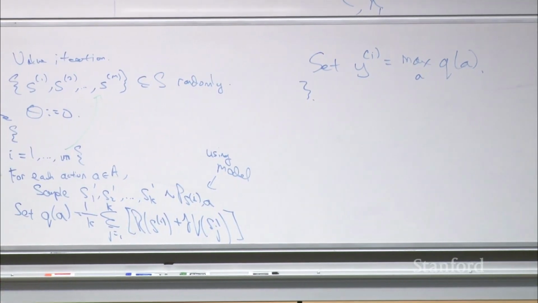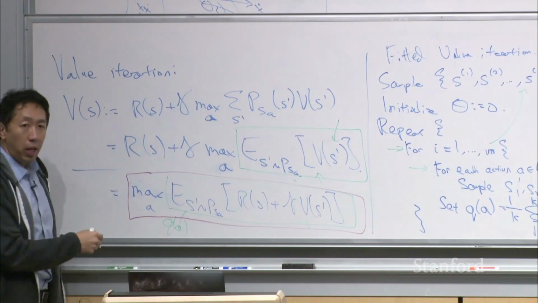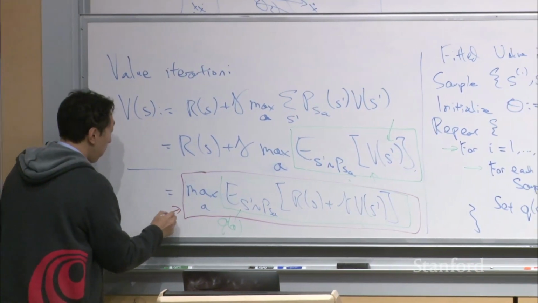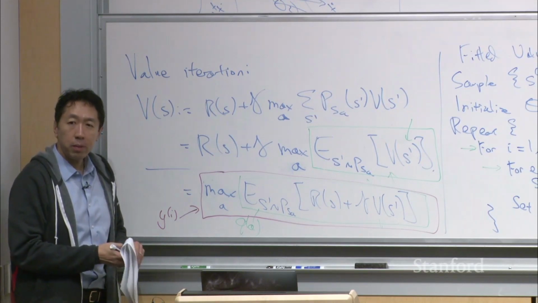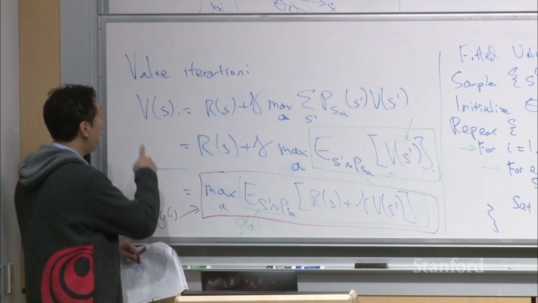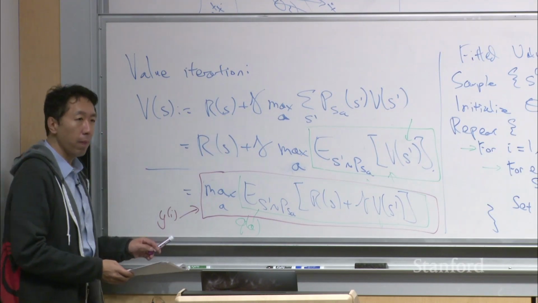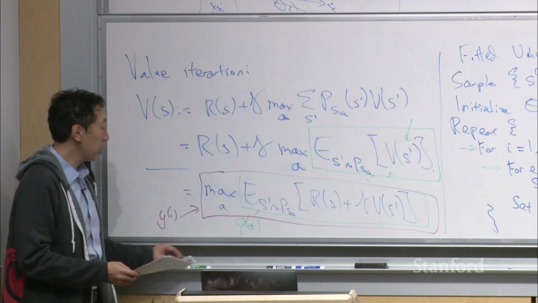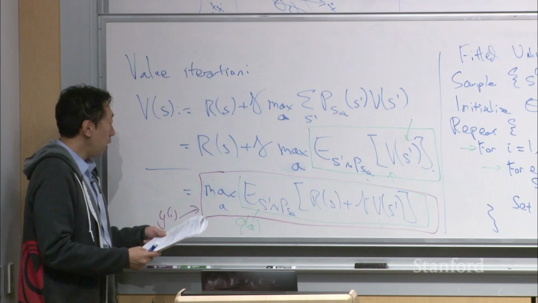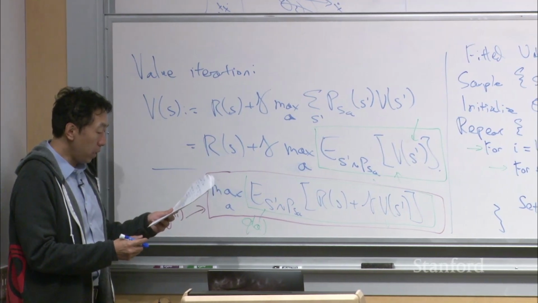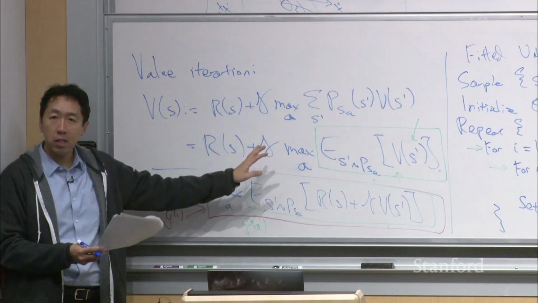And so by taking the max over a of q(a), that's what yi is: your estimate of the right-hand side of value iteration. So yi is your estimate for this quantity, for the right-hand side of value iteration.